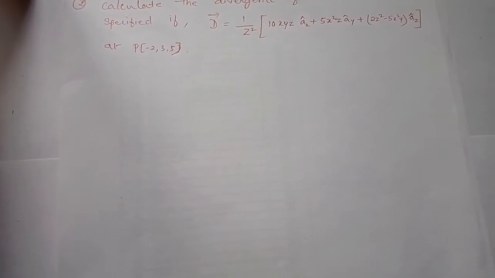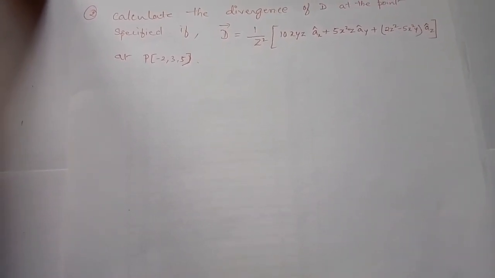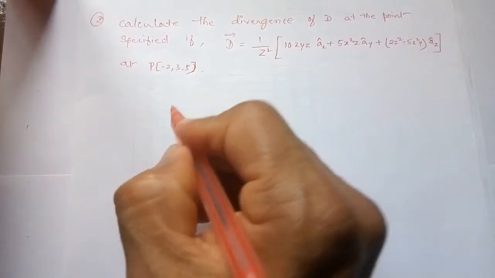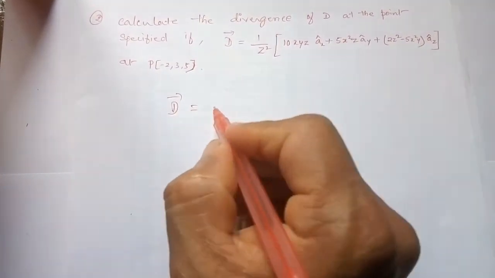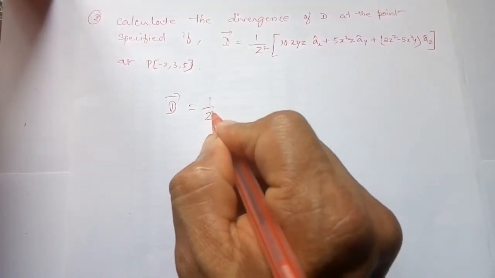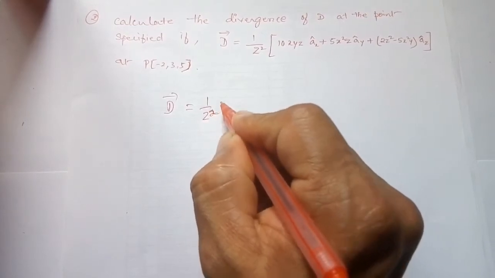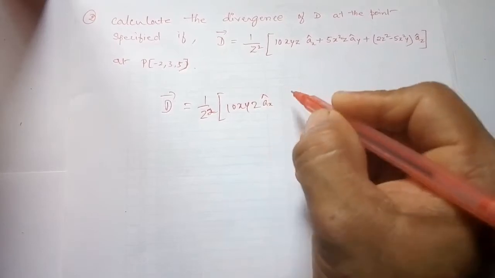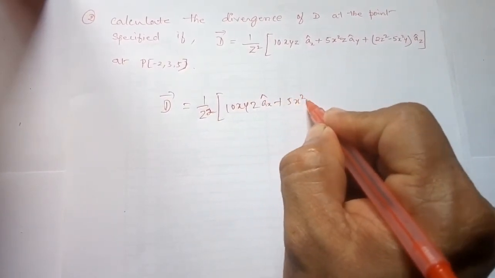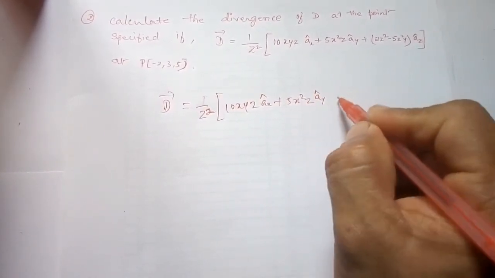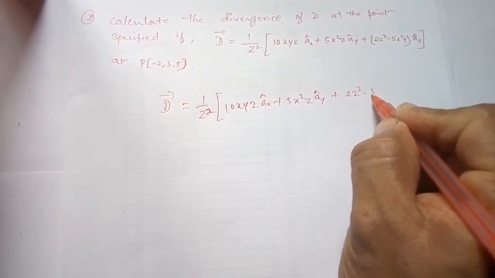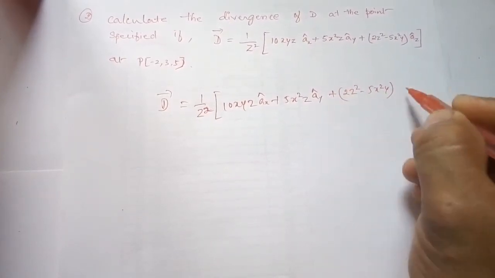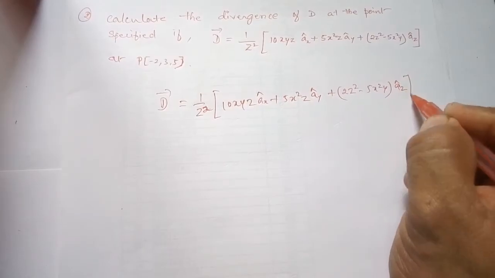The vector D is given as 1 by z square into (10xyz ax cap + 5x square z ay cap + (2z square minus x square y) az cap).